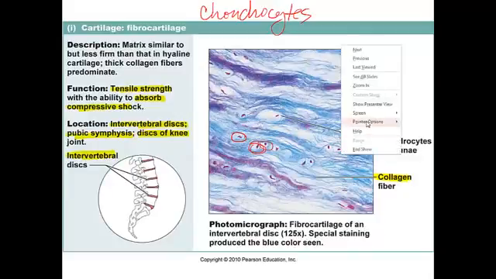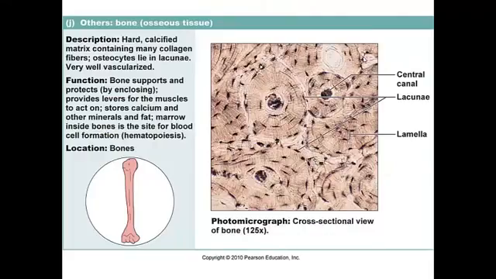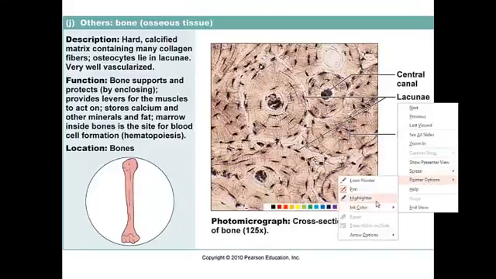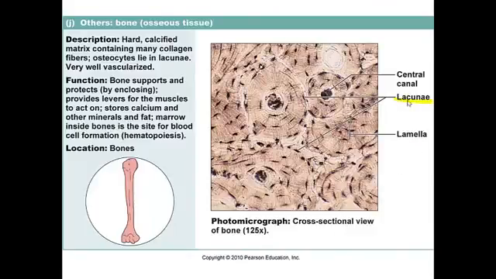Now the next example that we have is bone, which is called osseous tissue, and in this example we have osteocytes, which are now within lacunae as well. We have a central canal, and we have little rings that are called lamellae, and we'll talk more about this in the next unit.